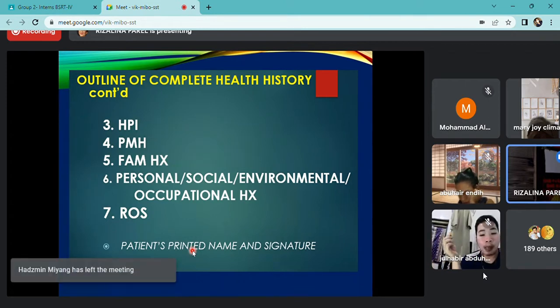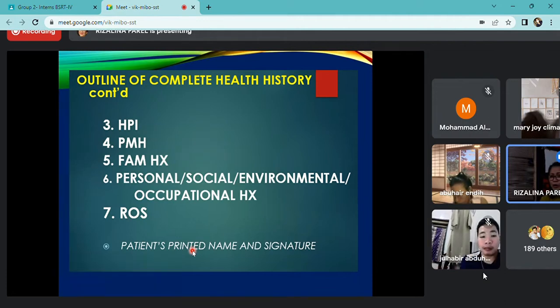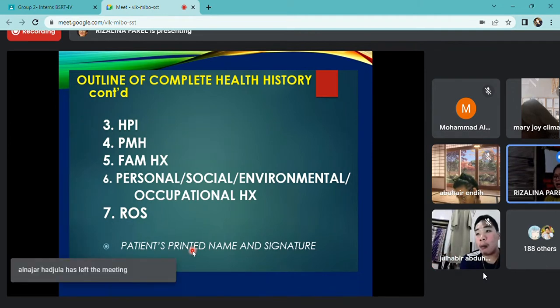And meron naman din tayong tinatawag na familial history. Okay? Not hereditary, not passed through the genes, pero common among family members. Like for example, common na mahina yung baga nila, common na mabilis silang magkaroon ng colds and flu, common na atakin sila sa lungs ng mga pneumonia and pulmonary tuberculosis. So these are your familial history.